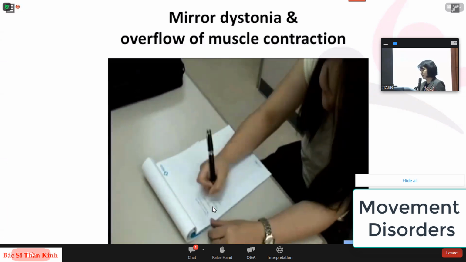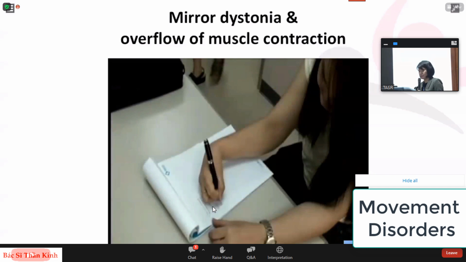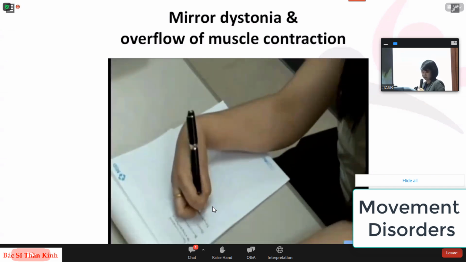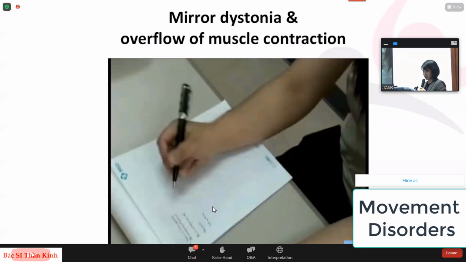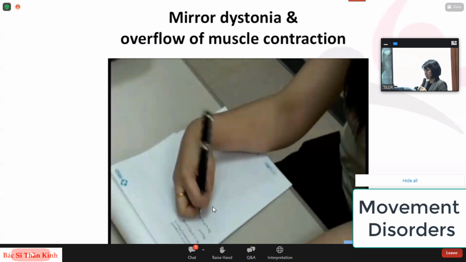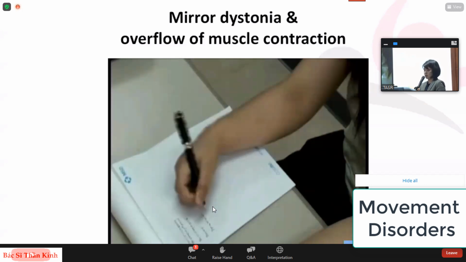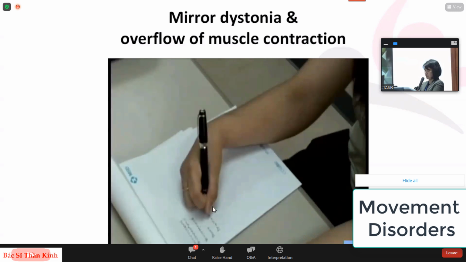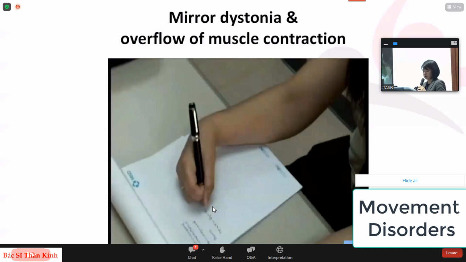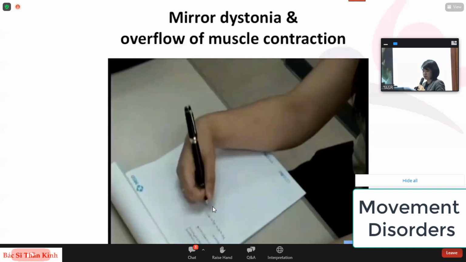She didn't have any dystonic posture in every situation except when she starts to write. You see that her arm is straight, and then the abnormal posture overflows to the elbow and sometimes to the shoulder, which is called the overflow of muscle contraction.